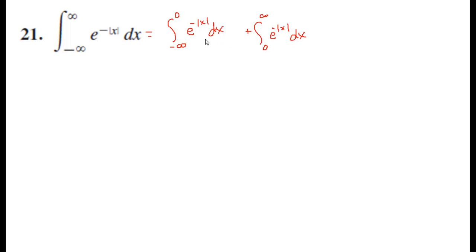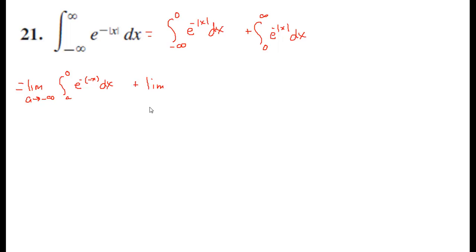Now, in this entire range, x is negative, so the rule for absolute value for that particular part, the limit as a approaches negative infinity, this is from a to 0, and we're going to go e to the power of negative x dx. Again, I get to say negative x because all the values of x on this interval are negative.